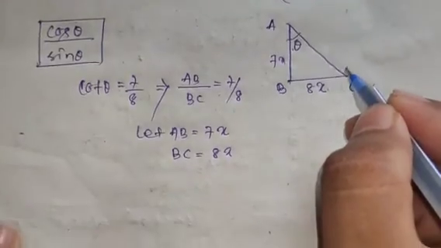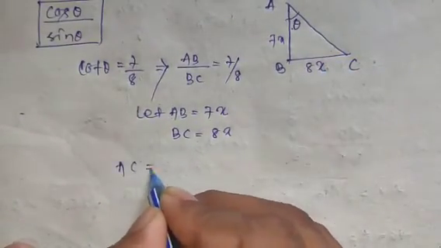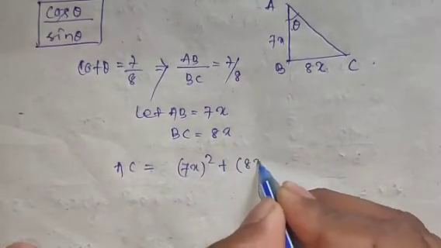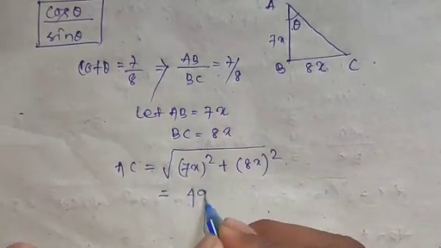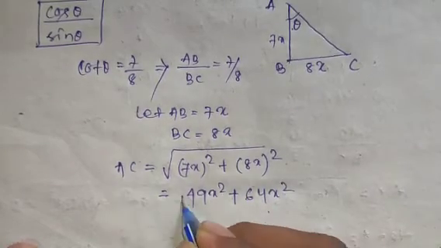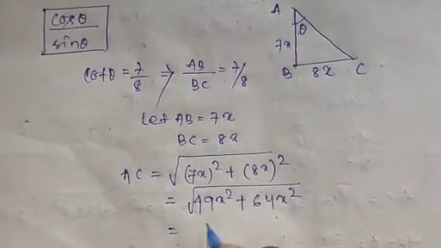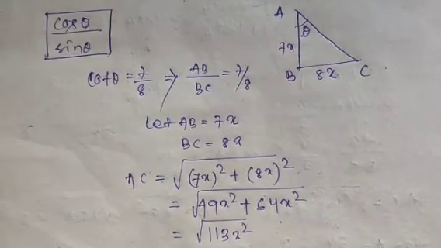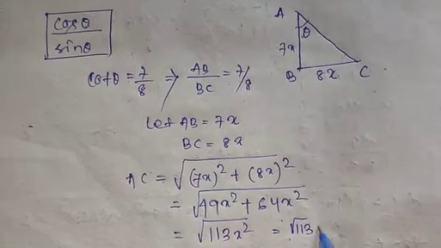So by applying Pythagoras theorem we can calculate AC. So AC is equal to square root of 7x square plus 8x square, which is equal to square root of 49x square plus 64x square, right? Which is equal to square root of 113 x square, which is equal to root 113 x, right?